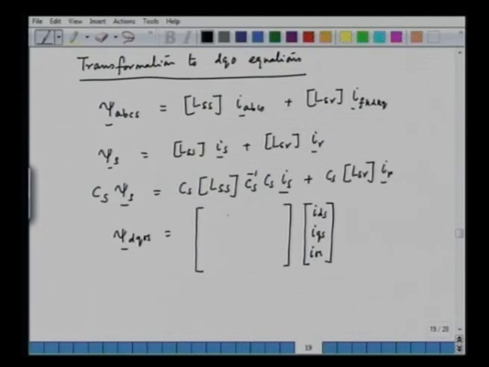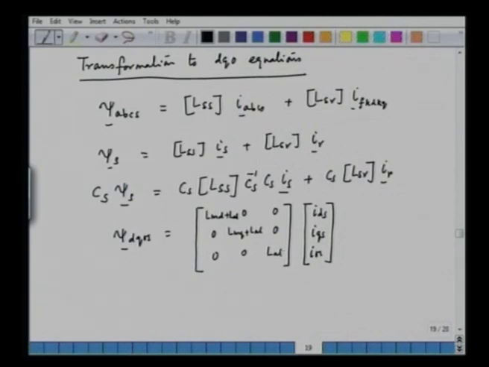And if you calculate the matrix CS, LSS and CS inverse, this matrix will have the following form. So, we have LMD here 0 and 0, LMD plus LAL, in this case we have 0, LMQ plus LAL 0 and 0, 0 and LAL.